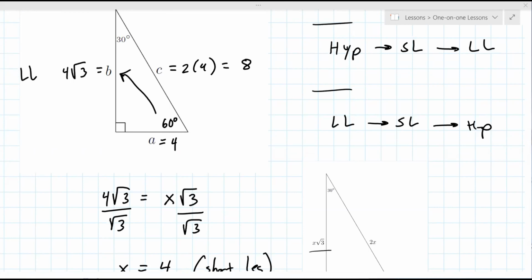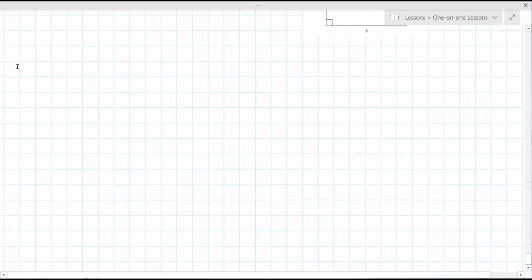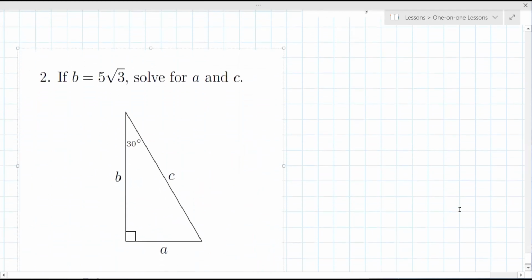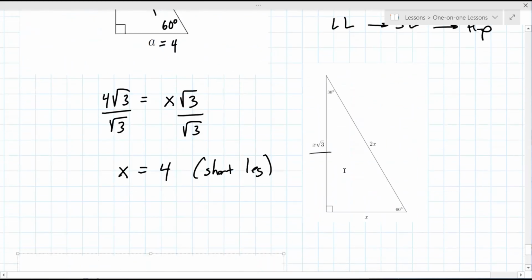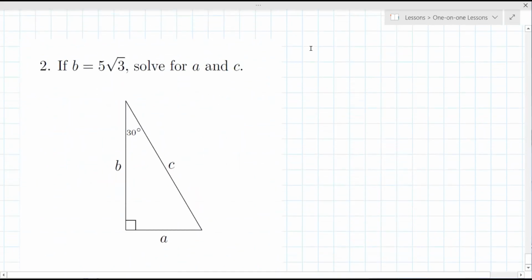All right, so let me give you one to try on your own. And then we'll increase the difficulty slightly if you get this one done. Okay. And then let me copy this in as well. Sorry, I'm moving lots of stuff around.